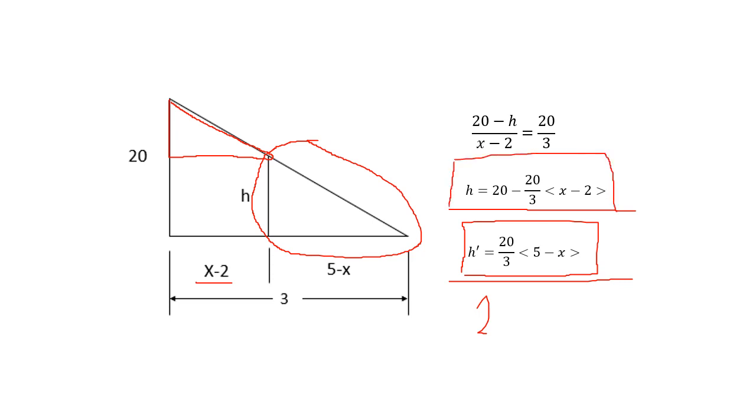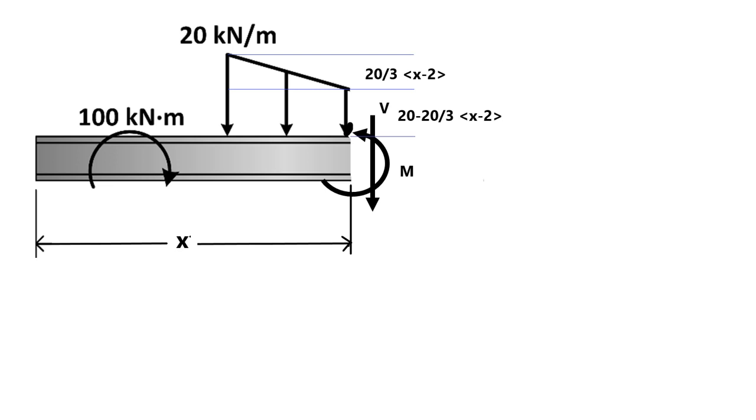Okay, so here we go back to our beam, and we now create our moment equations. First, of course, you have your clockwise moment, 100 kilonewton meter. So again, if you are using the left side of the section, clockwise moment gives you a positive bending moment.